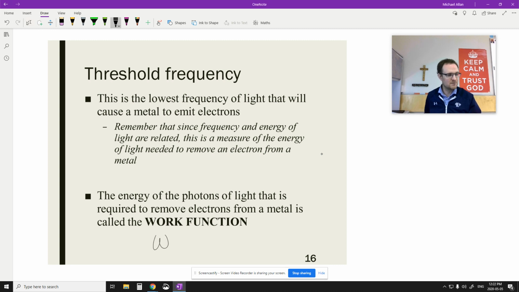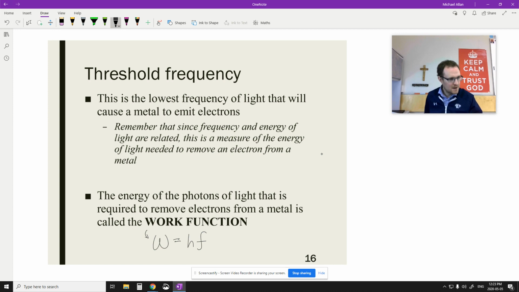So there's another W, for some reason, equal to h times f. So this W is the work function, the energy of the photon that is required. So it's like a threshold again to get an electron from the metal. It's the minimum amount of energy. I'm going to just mention that.